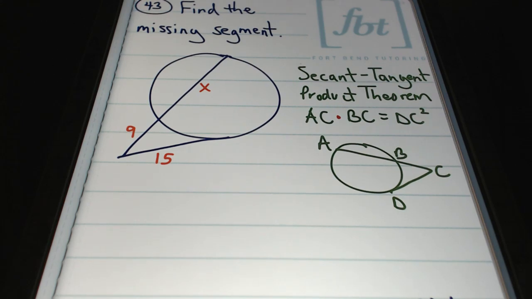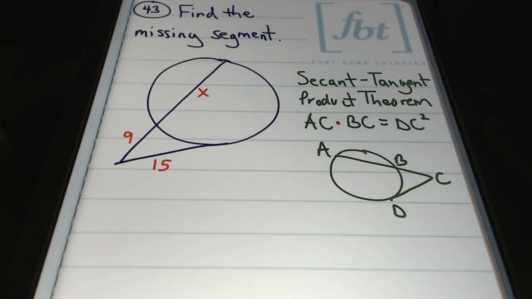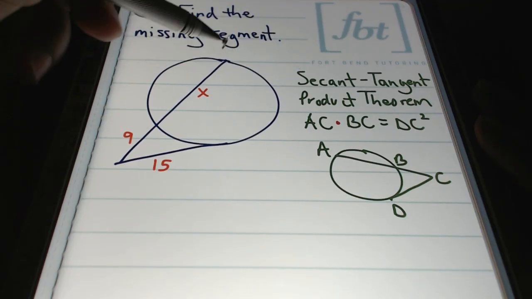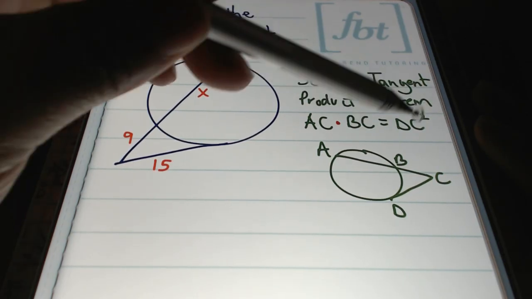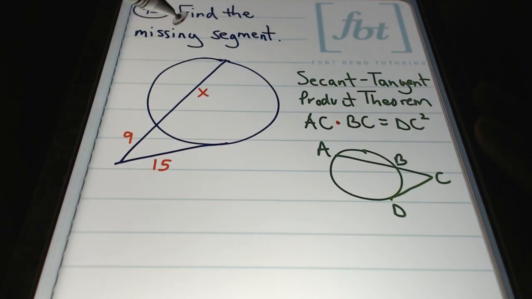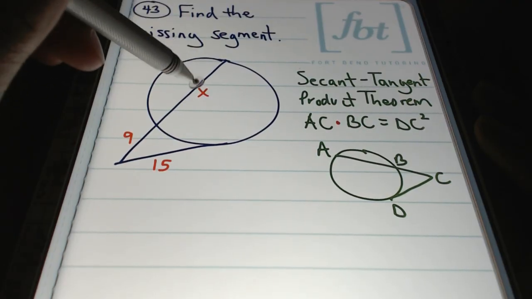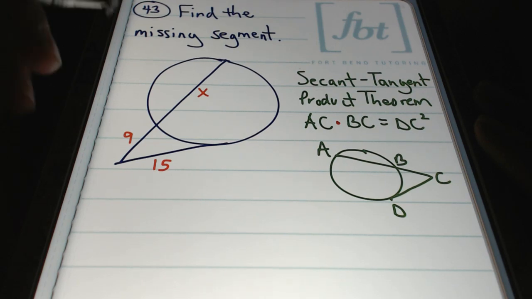43, guys. Let's check out this problem here. It says to find the missing segment, and what you're looking at is a secant line and a tangent line that have a common endpoint. So it's called the secant-tangent product theorem. So if I'm trying to find this value of x within the circle, this is the way I can set it up.